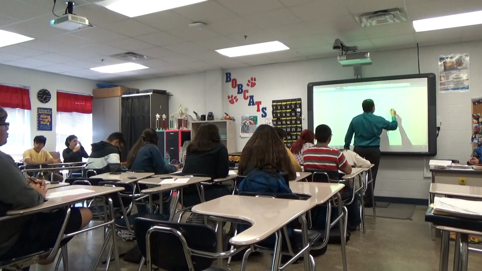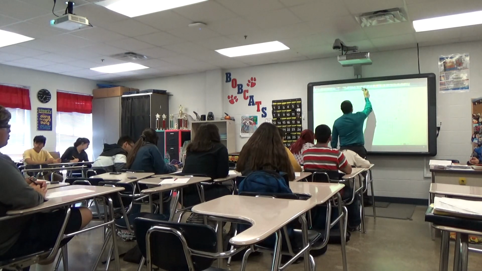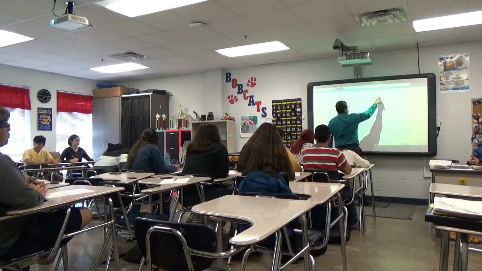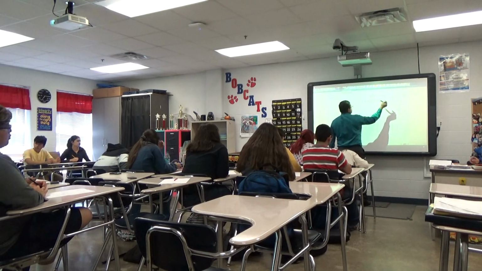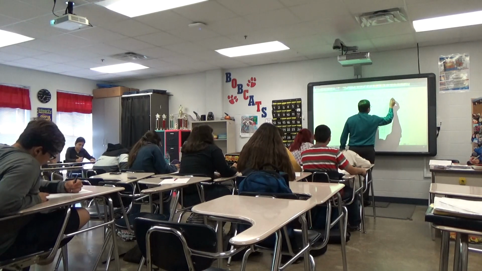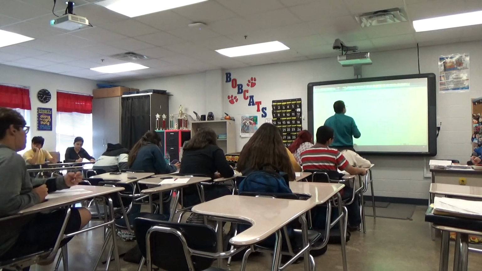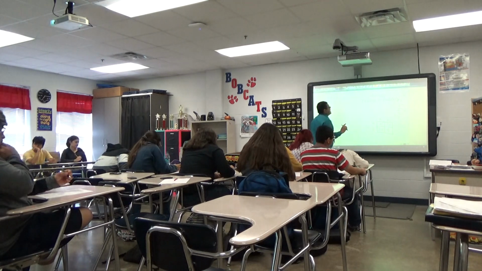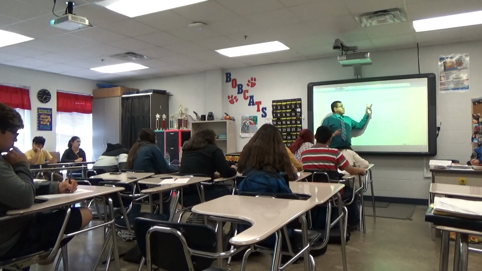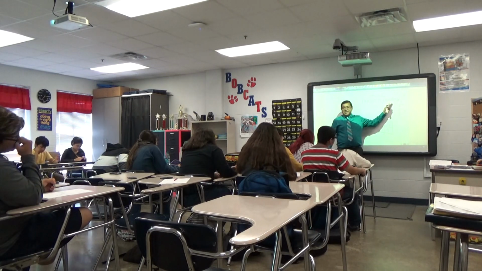Now, what are the factors for x squared plus 4x plus 4? x plus 2, x plus 2. Twice, right? These are the factors for the first rational expression. This is for the second.